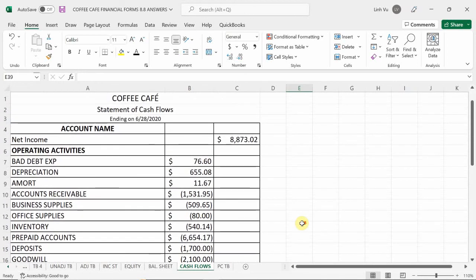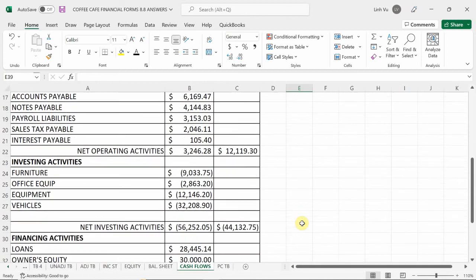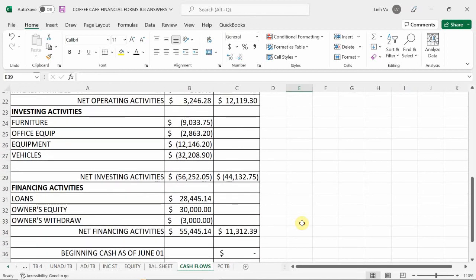The best way to understand this is you always start with net income. You always add back your non-cash transactions. You subtract your current and other assets. You add your current liabilities. You subtract your fixed assets.